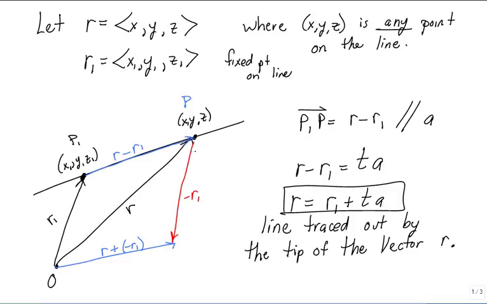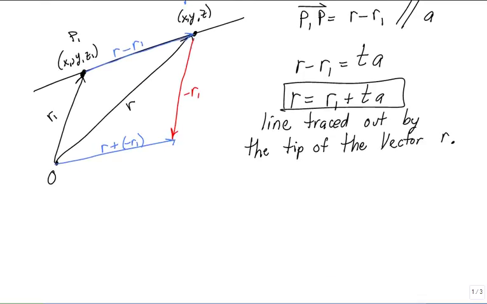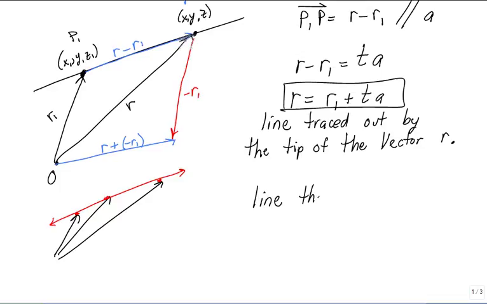So see, r changes as you move. If this is r, this is r, this is r, depending on t, then this gives you points on that line. And it forms a line. It's also the line through the point P1 parallel to a, which is the direction vector.